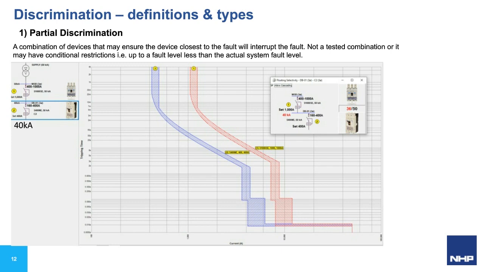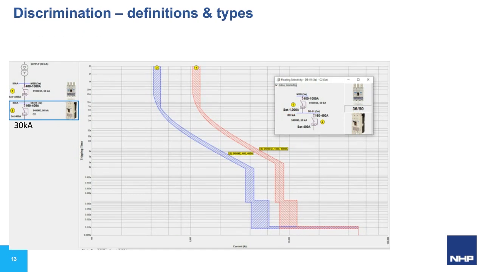Full discrimination, or total discrimination, is generally nominated up to the prospective fault level of the downstream device or the interruption capacity of the downstream device. Full discrimination can be achieved provided the time current characteristics do not overlap. In reality, the lowest horizontal section of the graph shows that they do overlap.